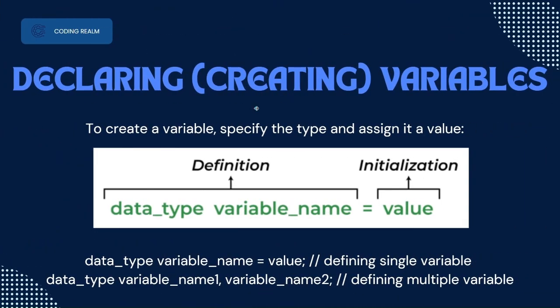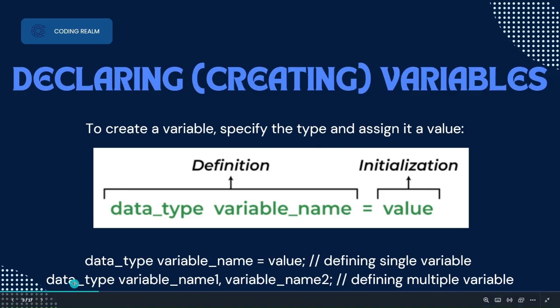Now, how to declare or create a variable. To create a variable, specify the type and assign a value. This is the syntax. First, we have the definition, data type and the variable name, and we have the initialization, which is the value. Data type, variable name, equal, value defines a single variable, but we can define multiple variables.